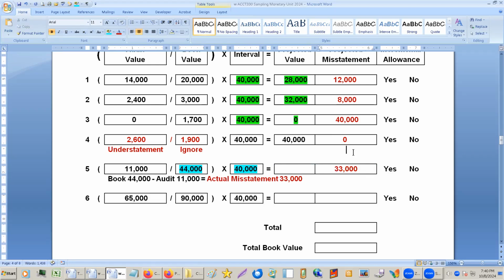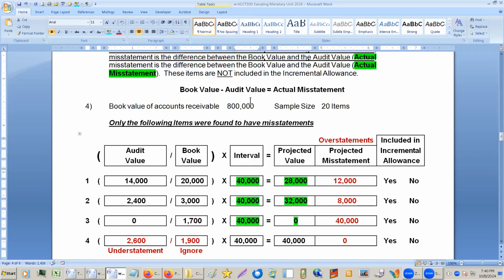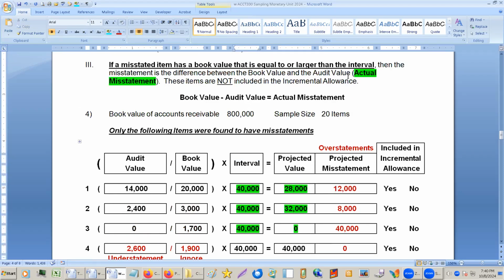And notice that the actual amount is more than if you were to calculate it out into the estimated. If you put that in at 30,000, well, you know that this account in reality is off by 33,000. This is the actual amount that it's off by. So if you do run into this situation, we use the actual in this statement, not the estimated.